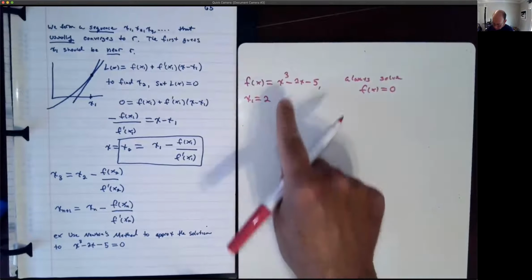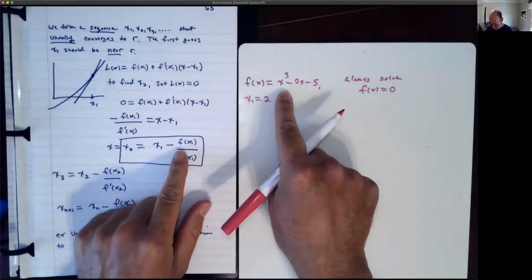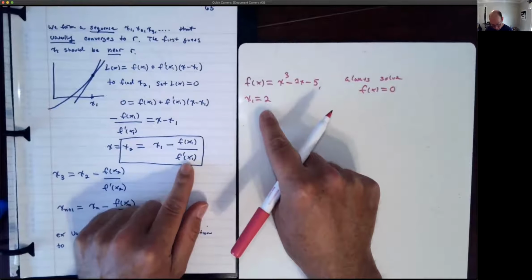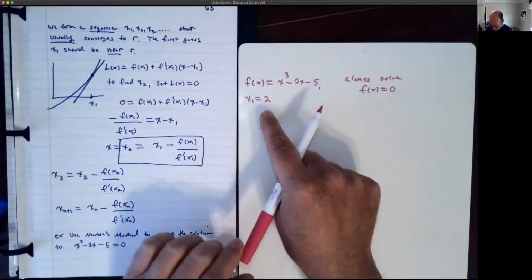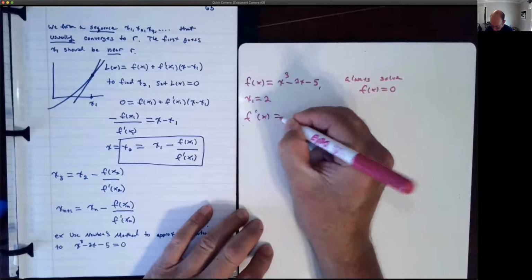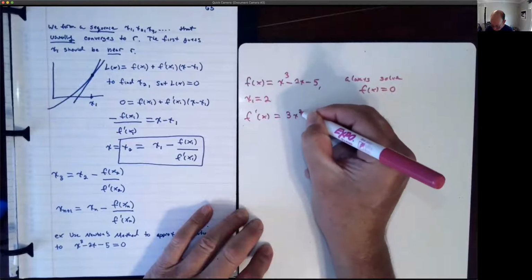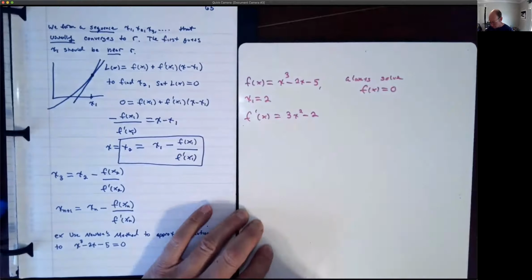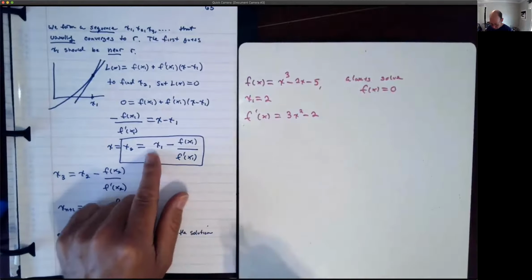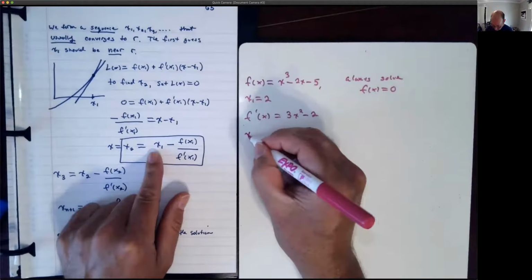Okay. We need to compute f of x1 and f prime of x1. All right, so let's compute the derivative. That's 3x squared minus 2. And let's find x2 by hand first.